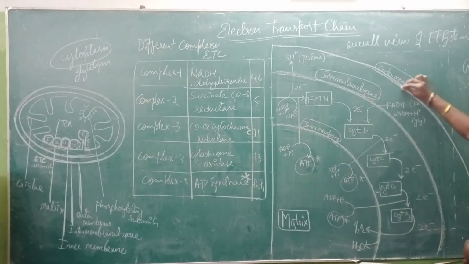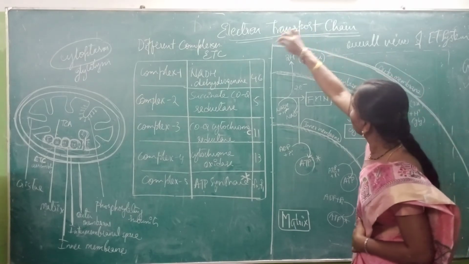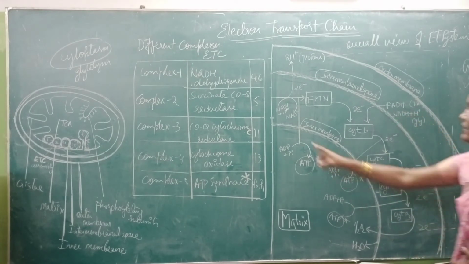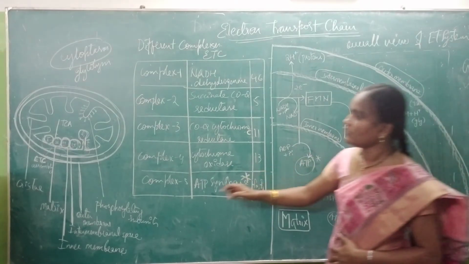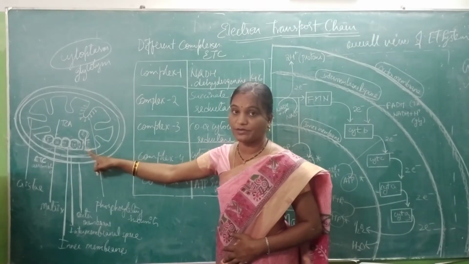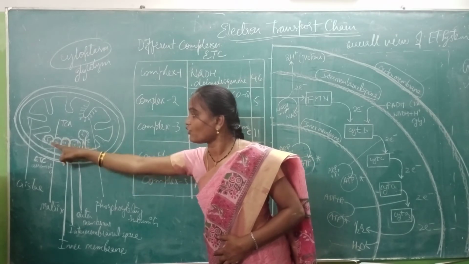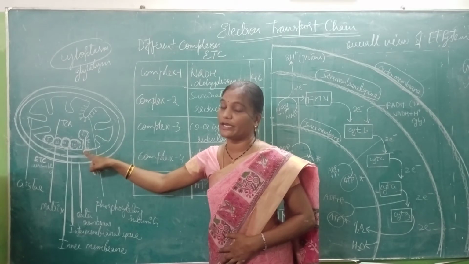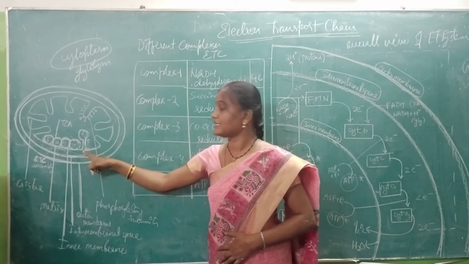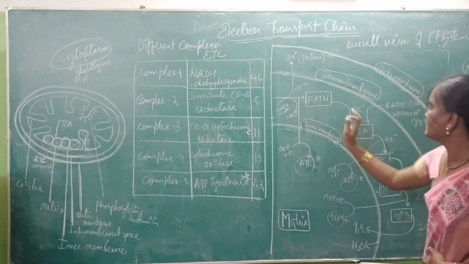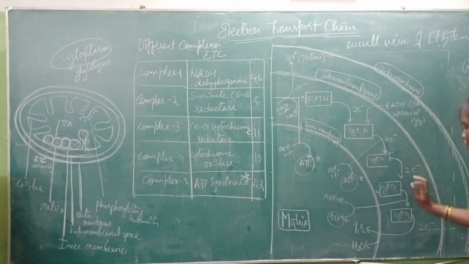So this is your outer membrane of your mitochondria, this is your intermembranous space, and this is your inner membrane. All 4 complexes of the electron transport chain are present here, and your phosphorylating subunit, that is your complex 5, where your ATP is synthesized, where your energy is synthesized. These are the 5 complexes. So this is complex 1, 2, 3, 4 and 5.